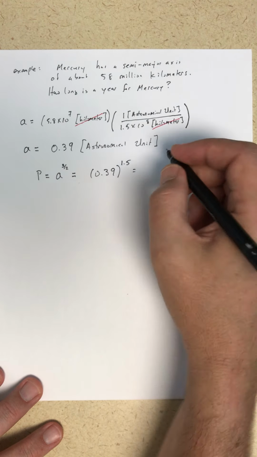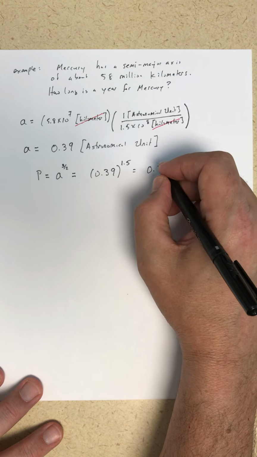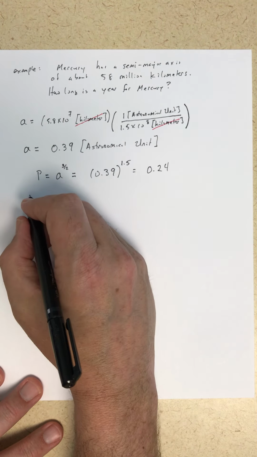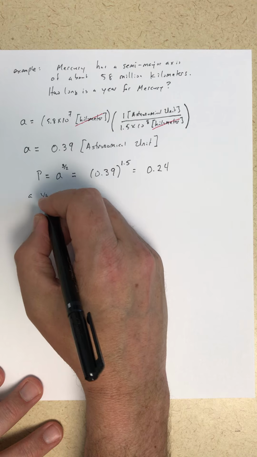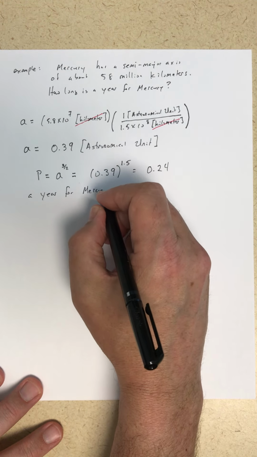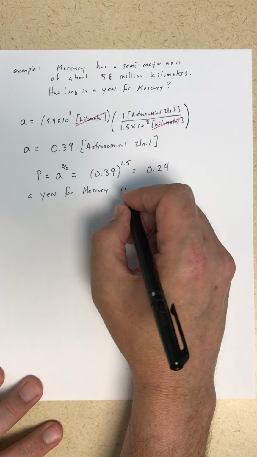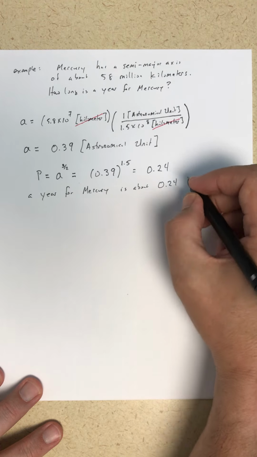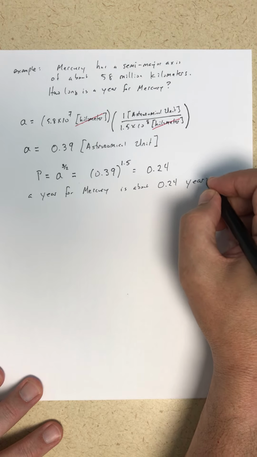When you do that with your calculator, you'll come up with 0.24. And we can answer our question: a year for Mercury is about 0.24 Earth years.